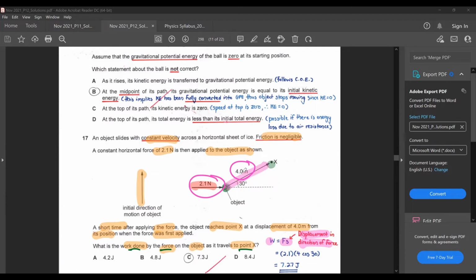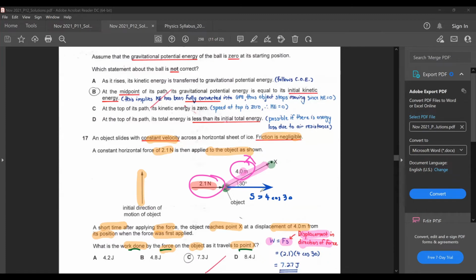You do not want to use this 4 meter. Instead, you want to use the displacement in the direction of the force. Let me use an arrow here. You actually want to use this displacement, which if you resolve it is 4 cos 30.